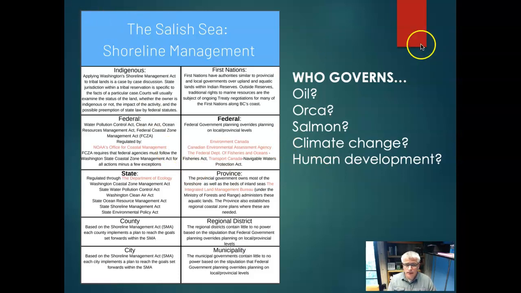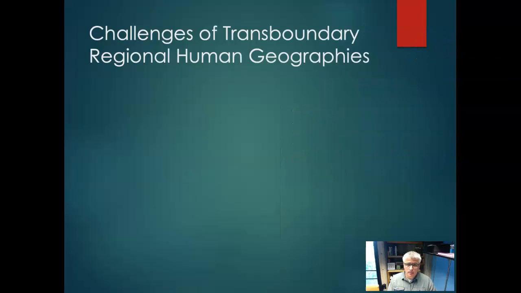And so not only are there differences in policies and who is in charge of different areas, something that in the States might be municipal, where in Canada might be federal, not only crossing those boundaries, but also just thinking about how we understand human movement and our human geographies is difficult.